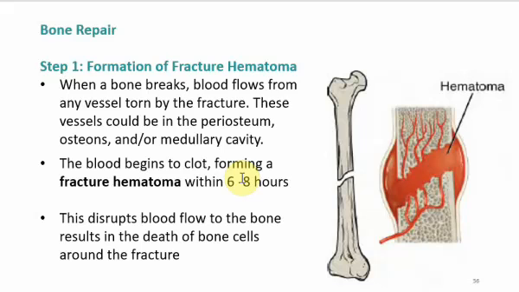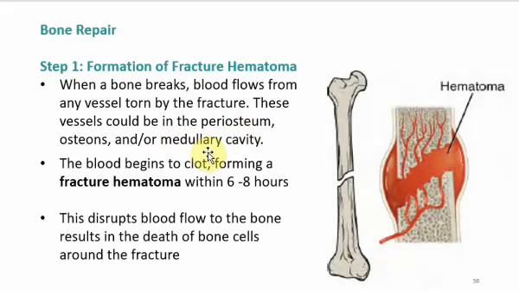Now, there are stages or steps involved in bone repair. The first step is what you call formation of a fracture hematoma, which is a kind of clot, mainly consisting of blood cells and tissues around the injured point.